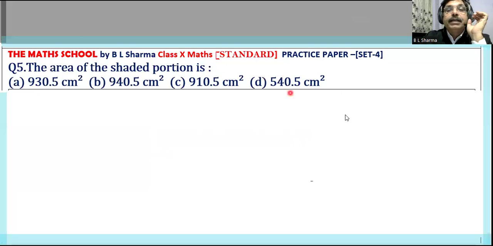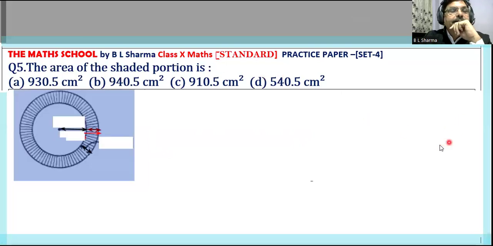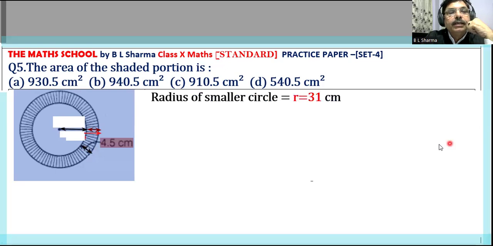The area of the shaded region is, and the shaded region is this. But what are the dimensions? रेडियस और क्या विड्थ दे रखा है, ये shaded region है. और देखिए ये इसका जो विड्थ है, दो सर्कल के बीच का जो ये डिस्टेंस है बाउंड्री का, that is 4.5 centimeter, and what is the radius of the inner circle? That is 31 centimeter. देखिए, this is a circle, its radius is 31 centimeter, and the width from here to here is 4.5 centimeter.